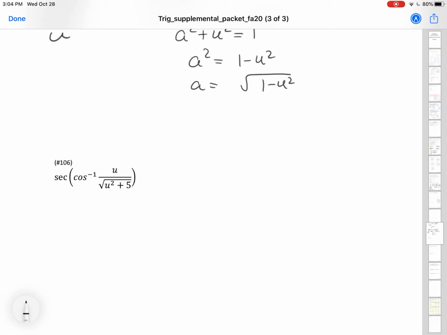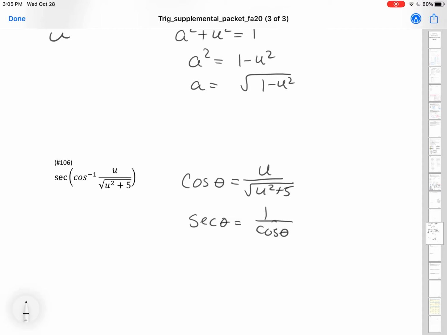What about something like this? Secant of cosine inverse of u over the square root of u squared plus 5. Well, this one's done if you know what's being said. They're telling us that the cosine of an angle is equal to u over the square root of u squared plus 5. And they're asking for the secant. Well, we know secant is 1 over cosine.